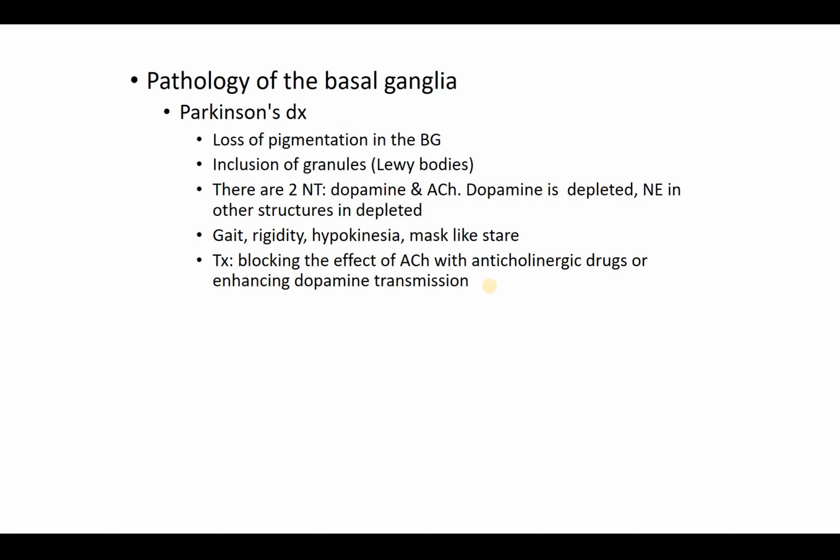And the basal ganglia, which I abbreviated BG there, starts to lose its pigmentation. You get these inclusion granules called Lewy bodies. And there's two particular neurotransmitters, dopamine and acetylcholine, that the basal ganglia is responsible for.